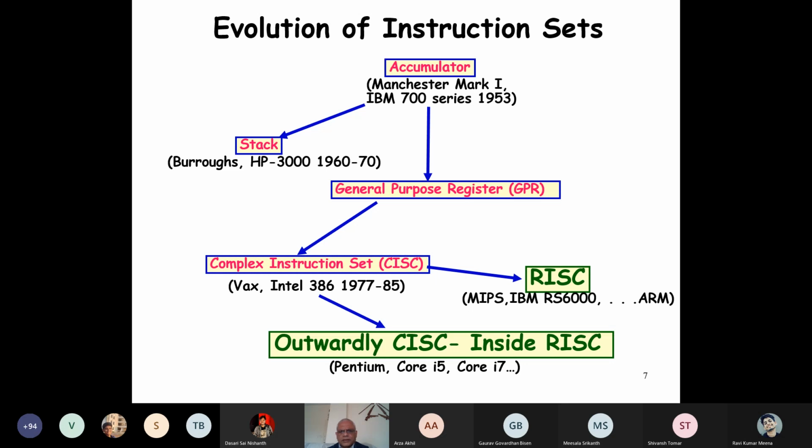But then later, as you were saying, one of the landmarks was the RISC architecture, the reduced instruction set computer, in the 1980s. And then Intel was in a difficult situation because all their processors were CISC, Intel 386, etc. And we were telling the other day that once your processor is using CISC, it becomes very difficult for you to change the instruction set altogether.